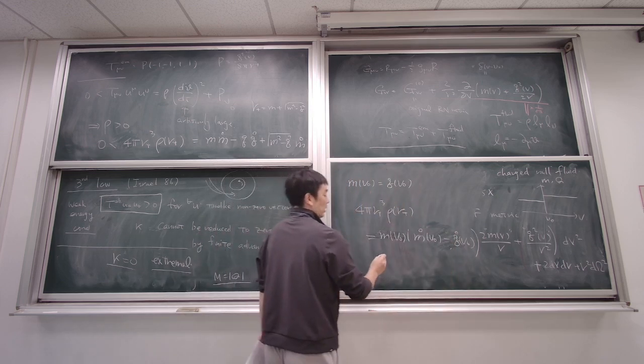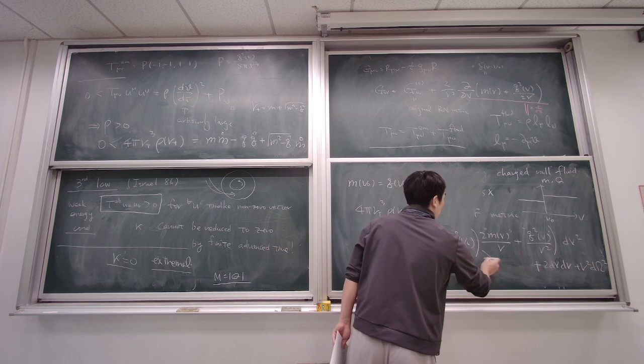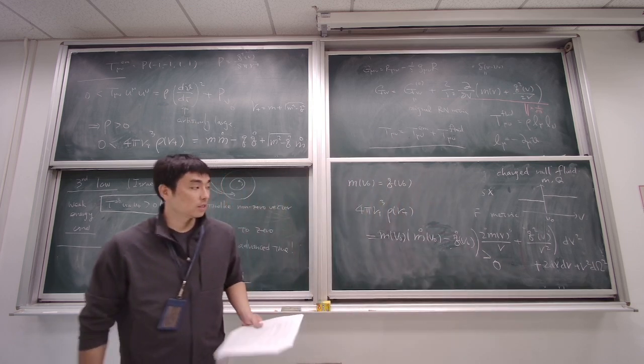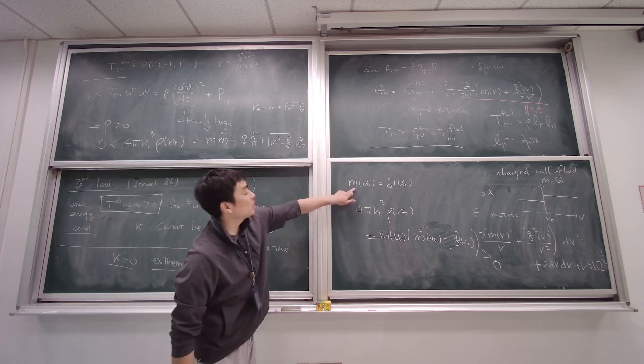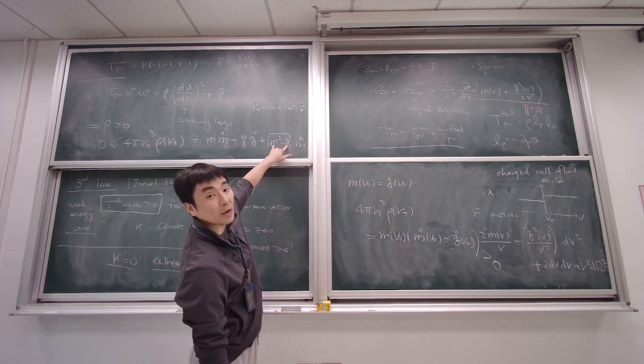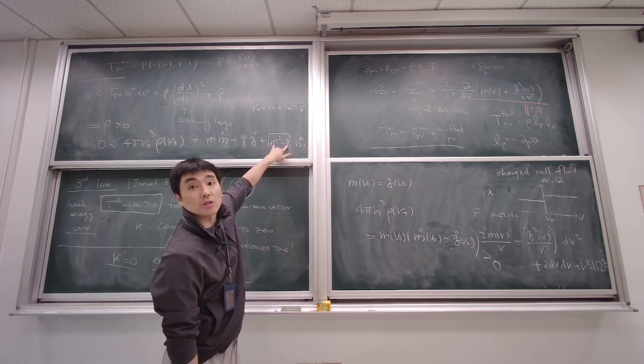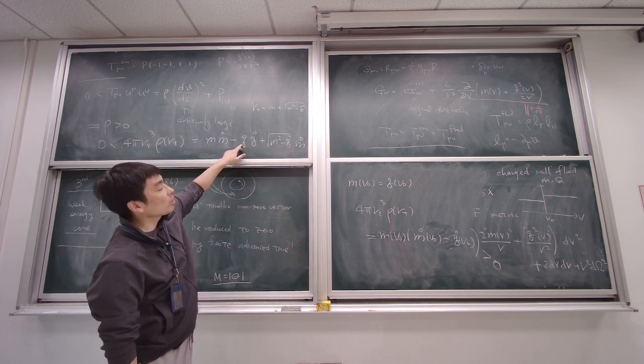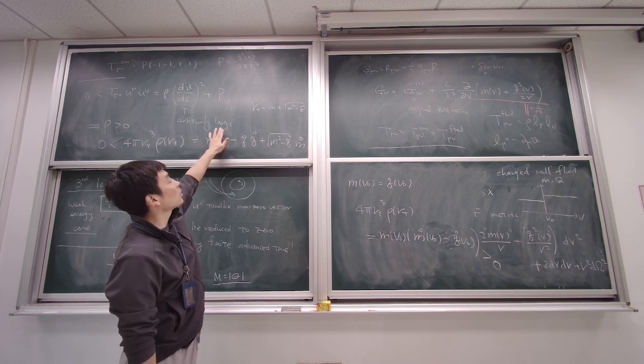This has to be greater than 0. I just plug m equal to q in, so this term vanishes, and q is equal to m. What's left is m times m dot minus q dot.